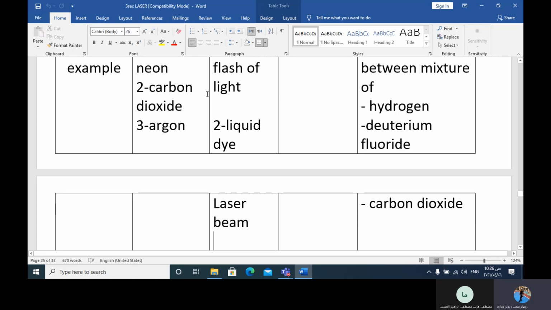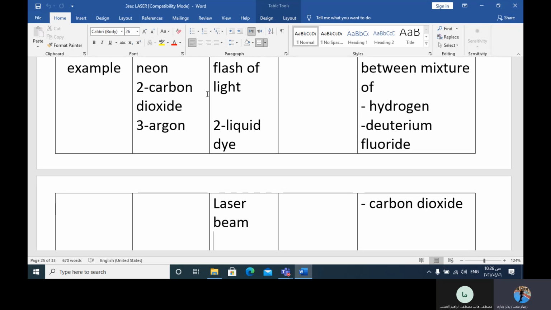You just put the mixture of gases together and let them react, and when they react, they produce energy. This chemical energy will trigger the lasing action and cause the atoms to be excited.